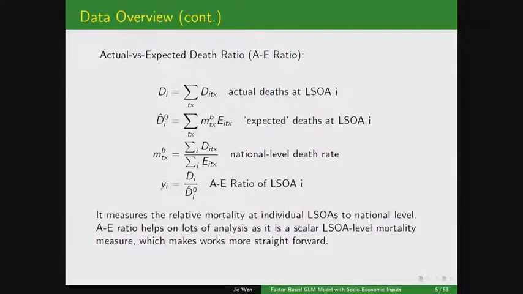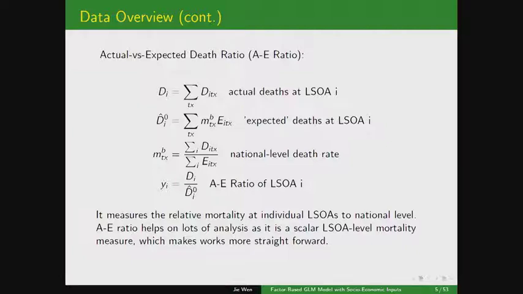Before I start with any of the modeling, I just want to introduce an alternative mortality measure at LSOA level, which is called the actual versus expected death ratio. This calculation is very simple.